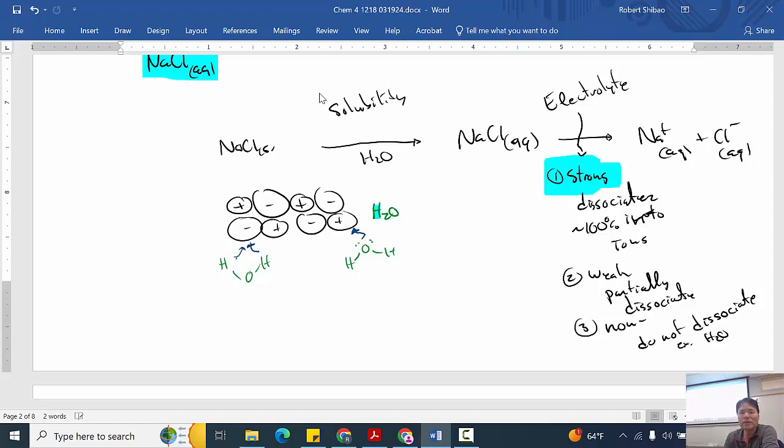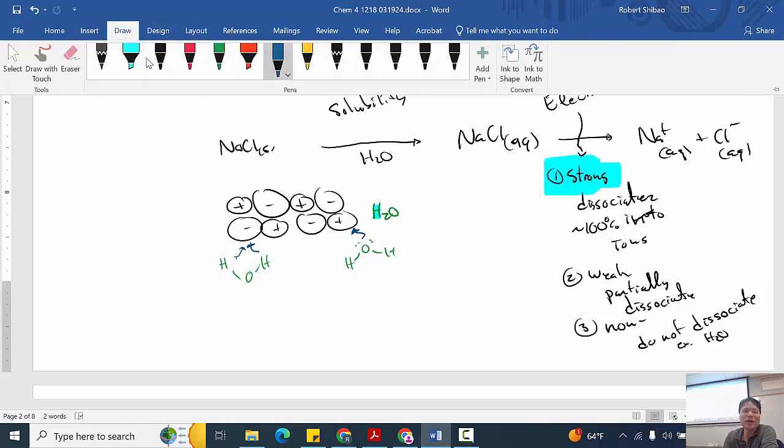And if there are collisions, which there are going to be because the waters have translational motion, these can knock the ions off or pull them off, or a combination of knocking and pulling them off. When that happens, we're going to have what we call the hydrated ions.